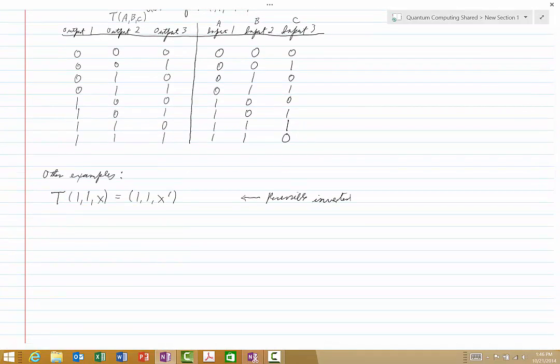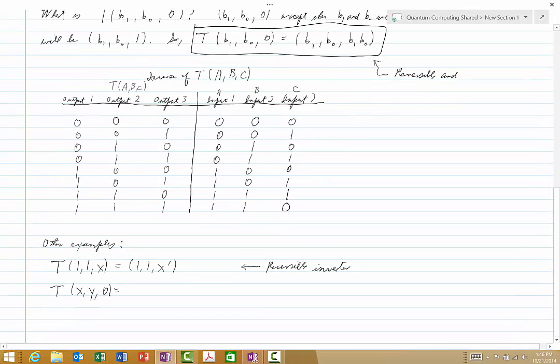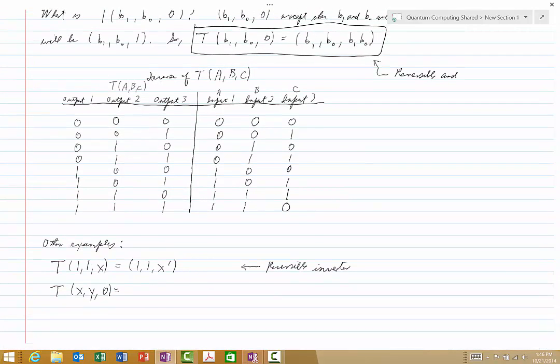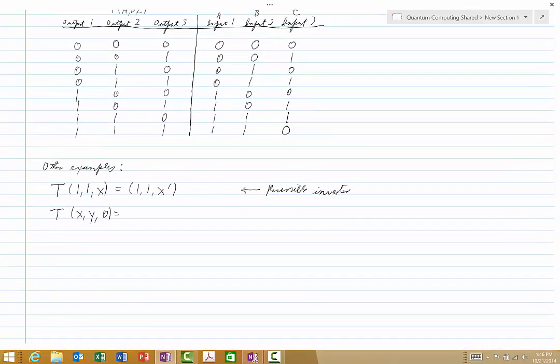T of x, y, 0. Well, that's exactly what we've already seen above, but we just called it B1 and B0. So that will be X, Y, X ANDed with Y. What about T of 1, X, Y?